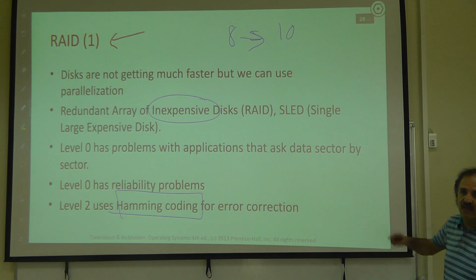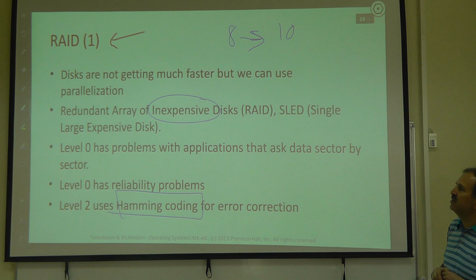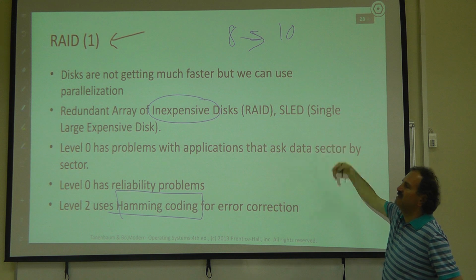Since I am using tens of them, maybe the whole system is expensive, but it is much more efficient. It can hold more data, and it is much faster than the most expensive single large disk.